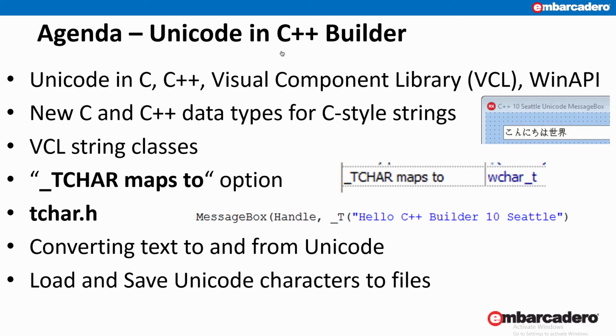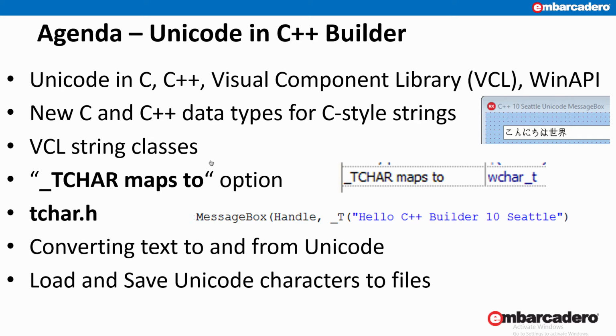Also, the Windows API provides both ANSI and Unicode variants. We'll look at the new C and C++ data types for C style strings, such as wchar_t, char16_t and char32_t.